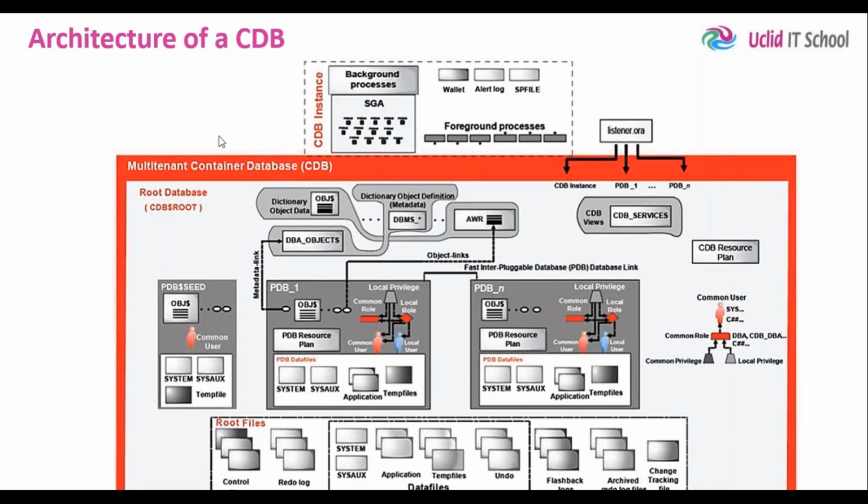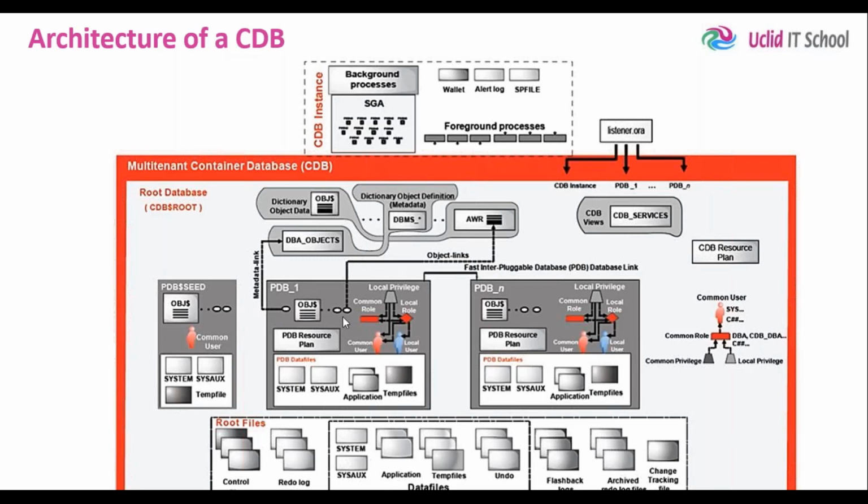Suppose you have the OBJ$ table, which is a data dictionary table. The OBJ$ table stores information about objects that you create or Oracle created. Now, the OBJ$ table is there in root, in PDB seed, in PDB1, in PDBn. But the metadata about the OBJ$ table will be stored only in root. So you see, these are all empty. The OBJ$ tables in the PDBs are empty initially. Where is the metadata about the OBJ$ table? In root.